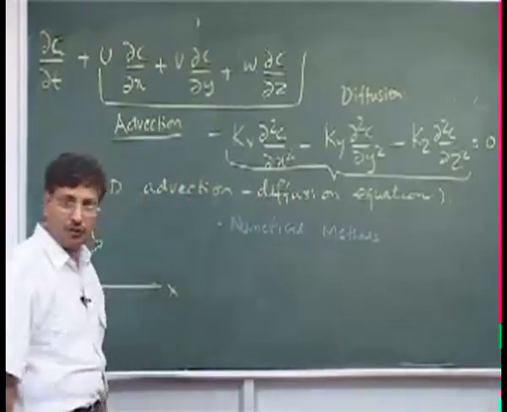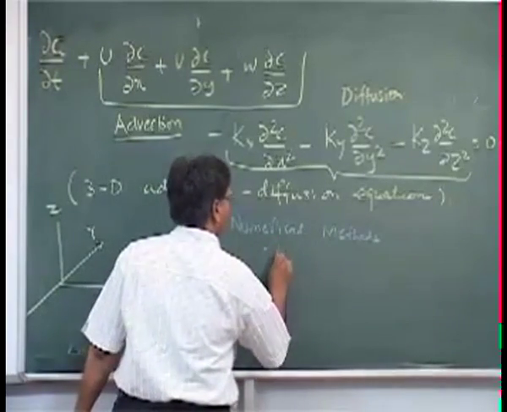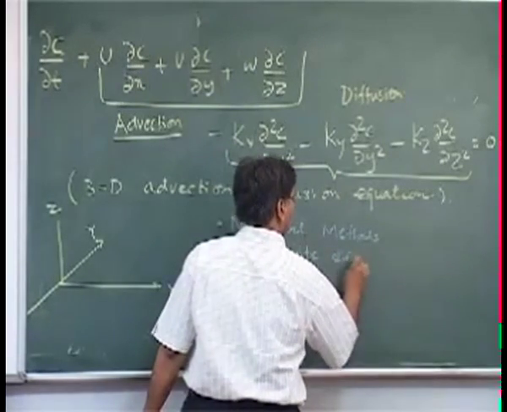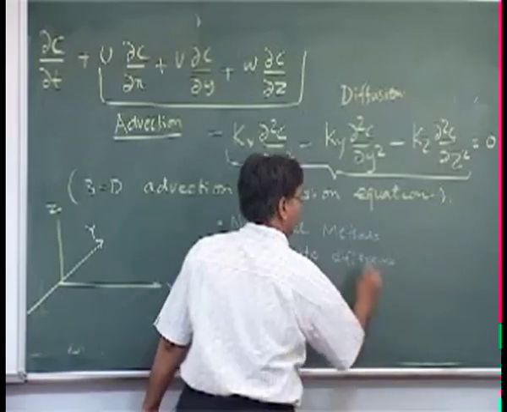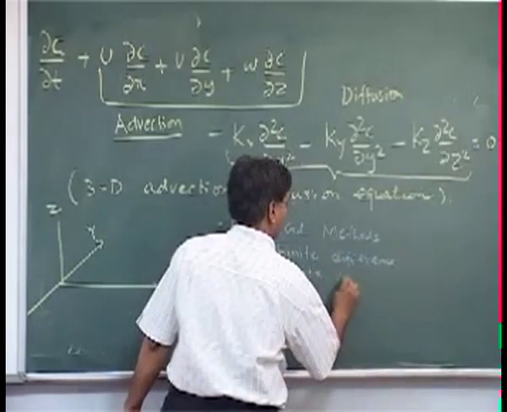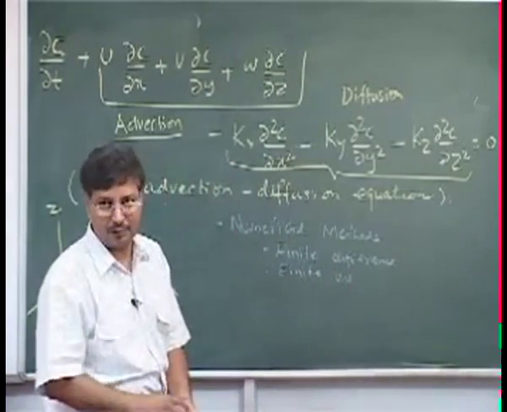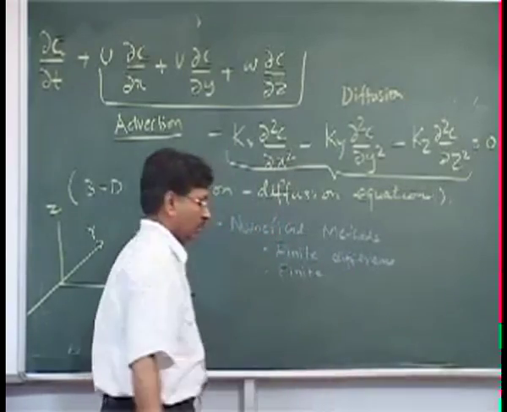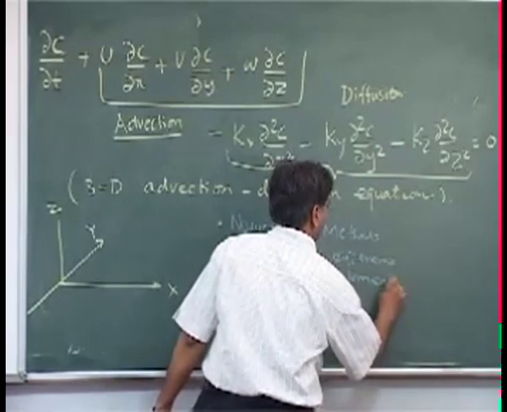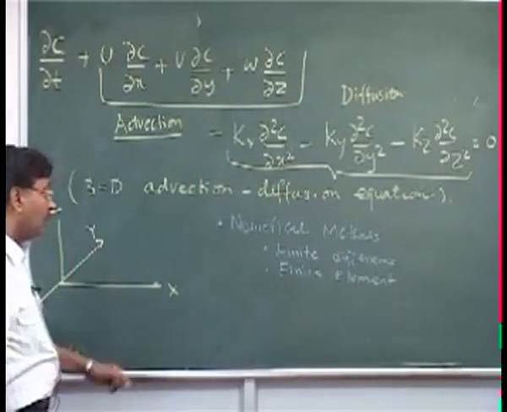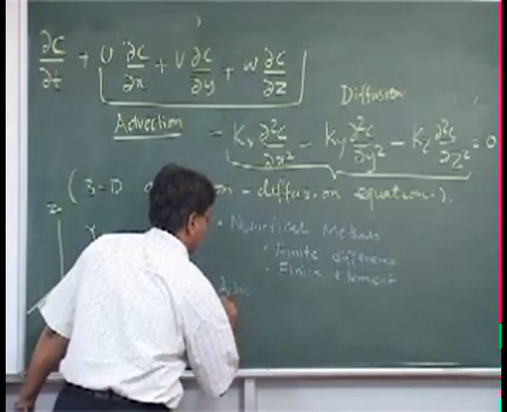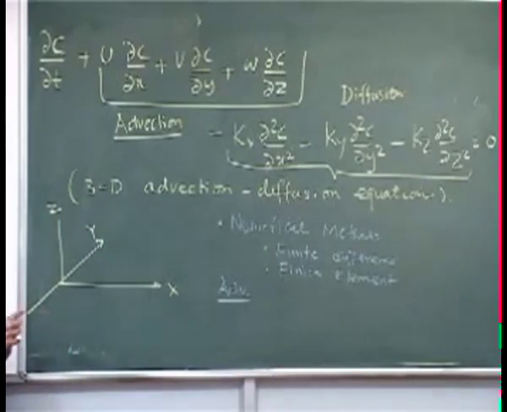There are many methods through which you can solve it. For example, finite difference. You can use the finite volume, or finite element, which is more commonly used. What is the advantage of the numerical method?